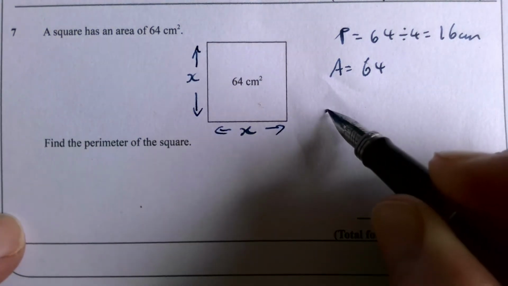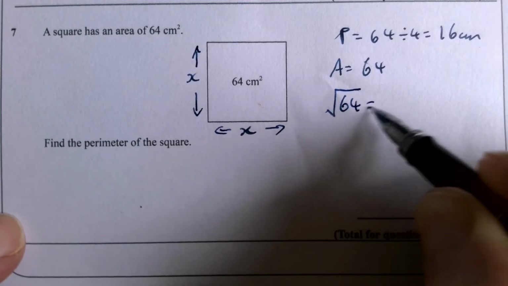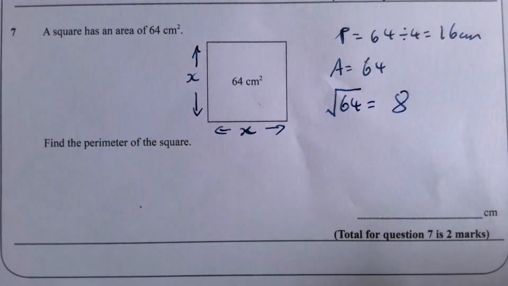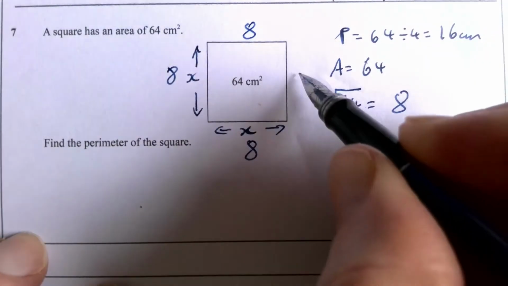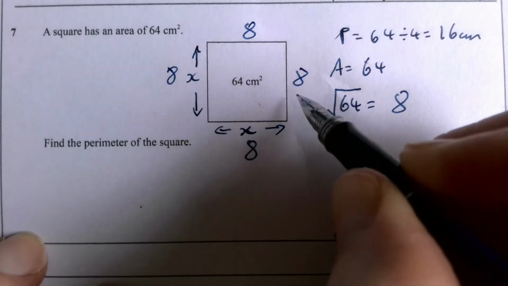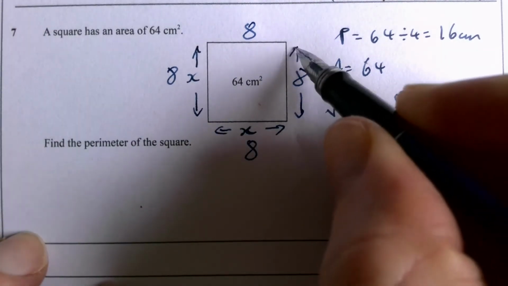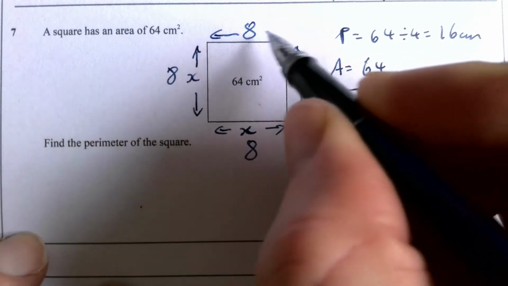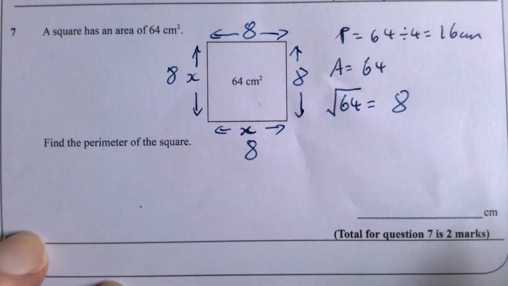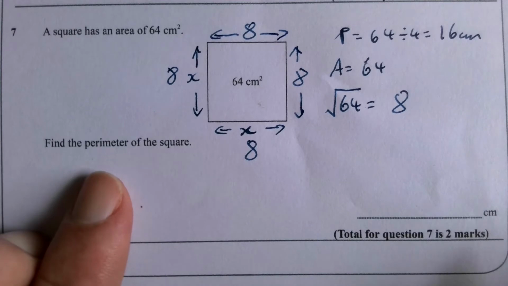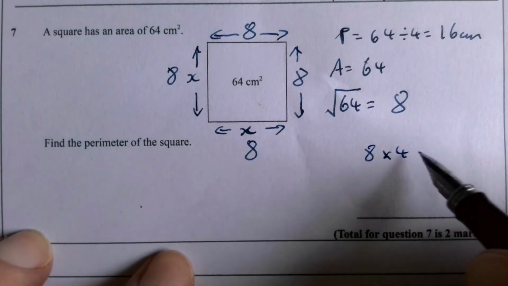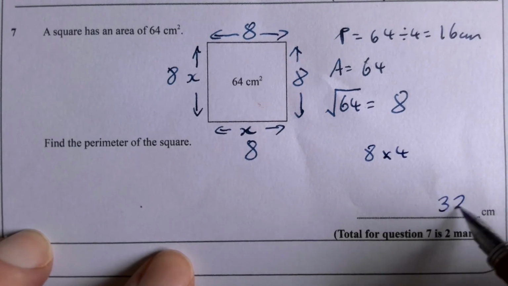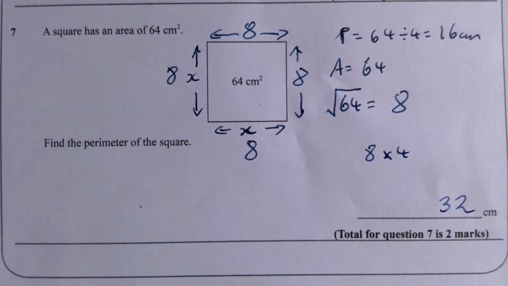So the square root of 64 is 8, because 8 times 8 is 64, and therefore it must be 8 there, 8 there, 8 there, and 8 there for all those 4 different lengths. So the perimeter of the square must be 8 times 4, which is 32 centimetres.